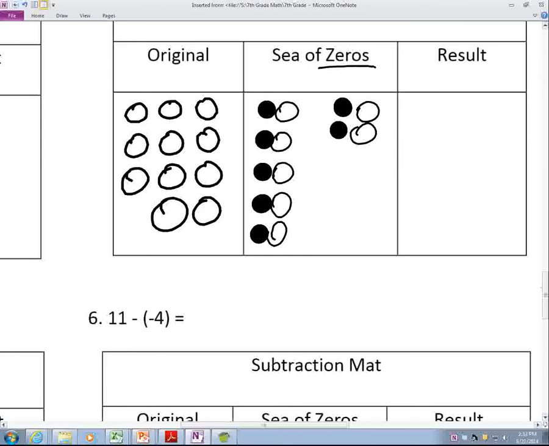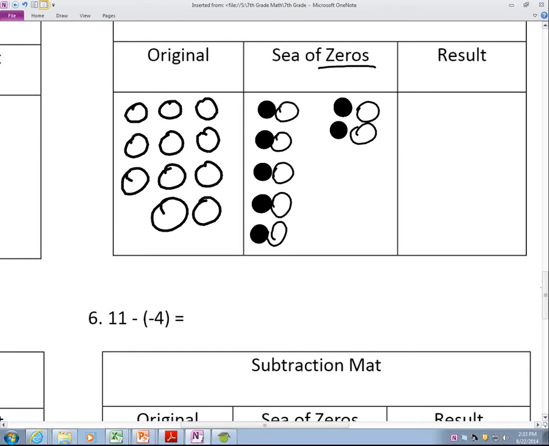So, all right. We are taking away, I just told you. Why did I say we're taking away? How do we know that we're taking away? Dominique, what do you think? What shows us that we're taking something away? The subtraction sign, yes. The subtraction sign shows us that we're taking something away.